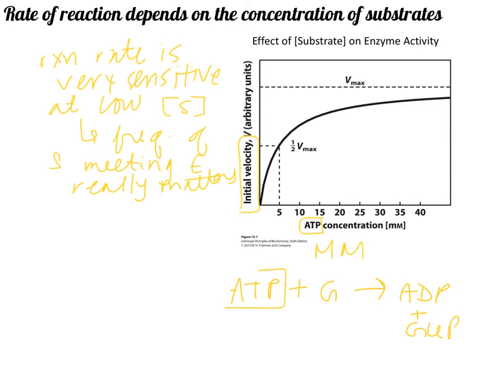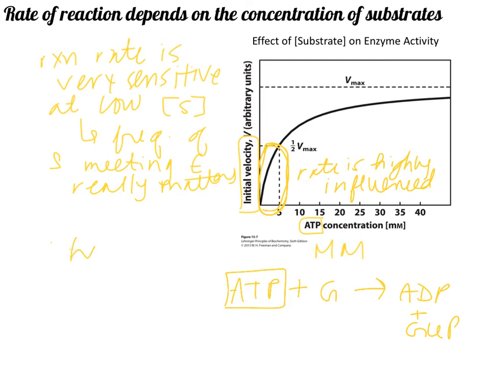So in this case, ATP is a substrate for this reaction. What you'll notice is that at low substrate concentrations, in this region right here, the rate is highly influenced by even small fluctuations in the concentration of substrate.